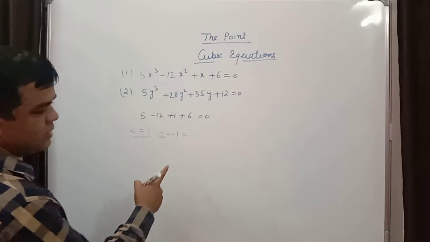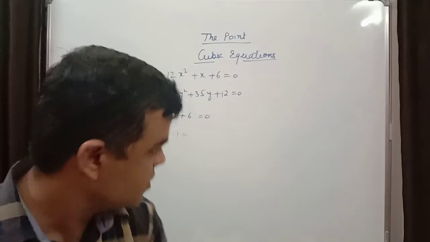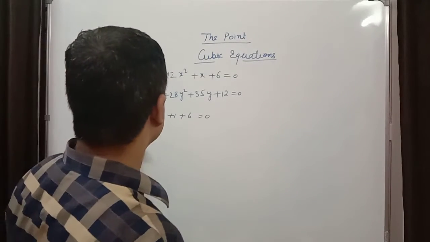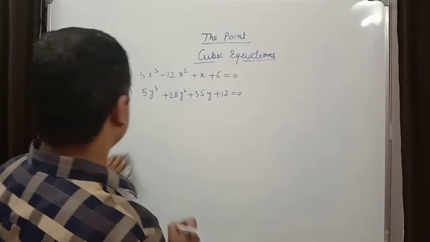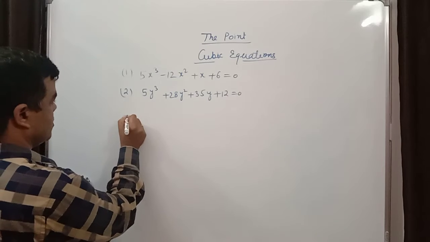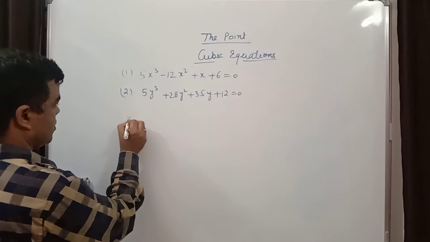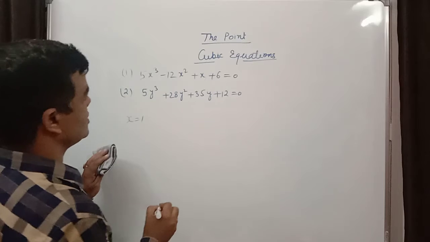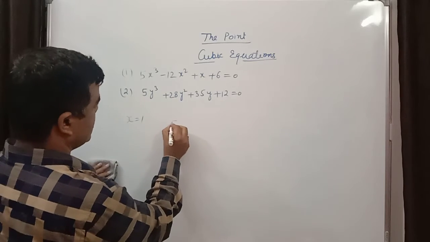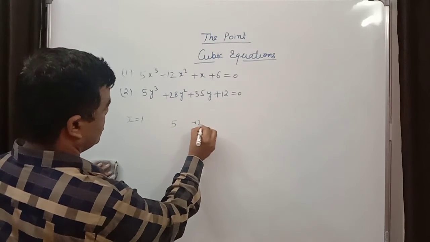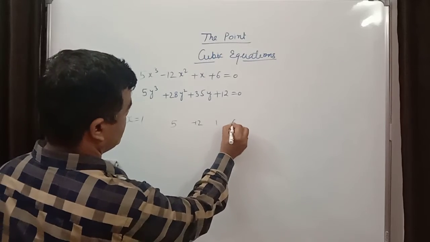So we will do it by the shortcut easy method. So what will we do? x is equal to 1 has satisfied the equation. So write the coefficients 5, minus 12, 1, 6.